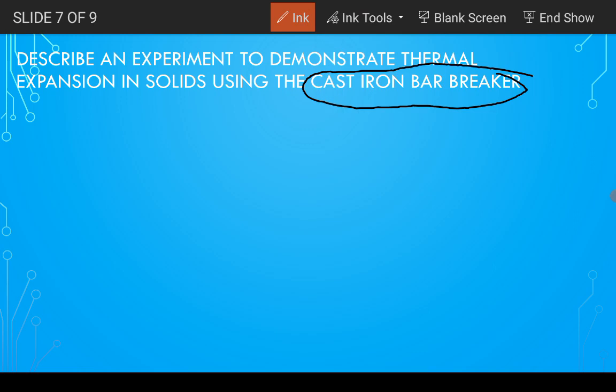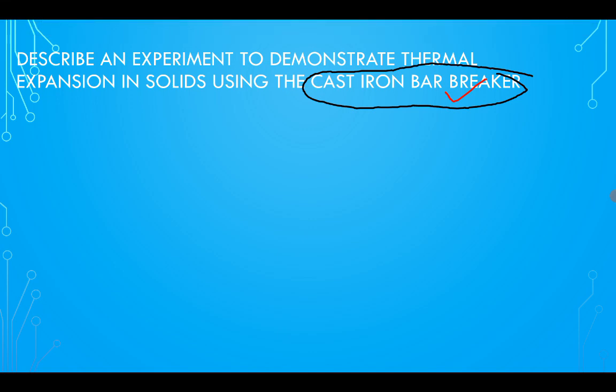We are not saying you should use the ball and ring experiment or the bar and gauge apparatus, but you should use, in your explanation, the cast iron bar breaker. So this particular question is specific. He's asking us to describe that experiment using a cast iron bar breaker.